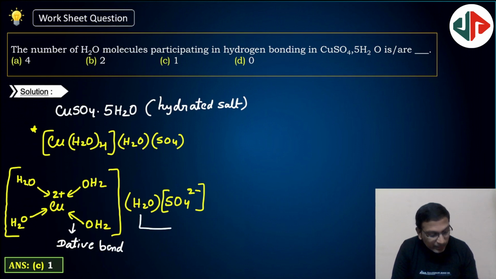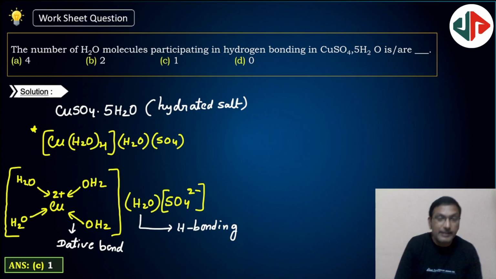And this water molecule can participate in hydrogen bond. So therefore, the number of water molecules participating in hydrogen bonding is only 1.